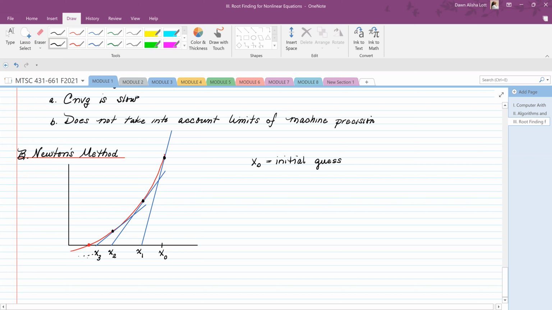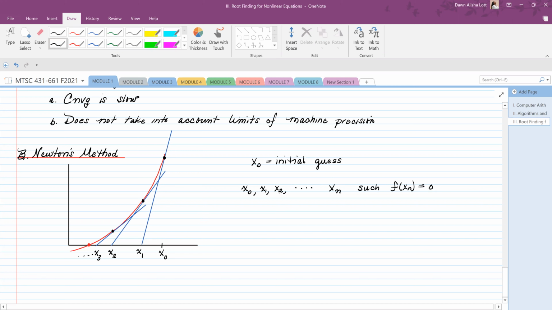So now I started at x_0, then I got x_1, and now I got x_2. I want to keep following this until hopefully I get to some number x_n such that when I do f of x_n, I actually get 0.